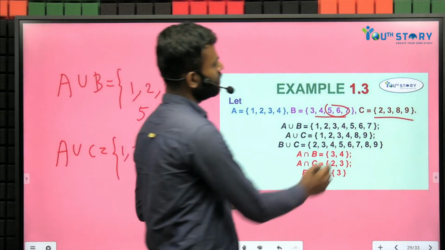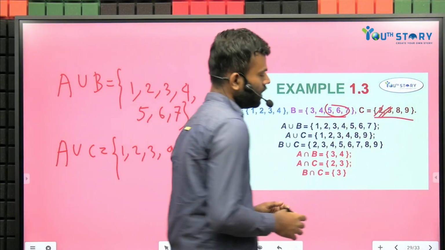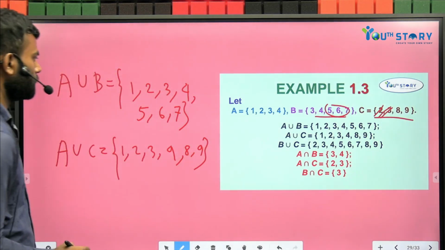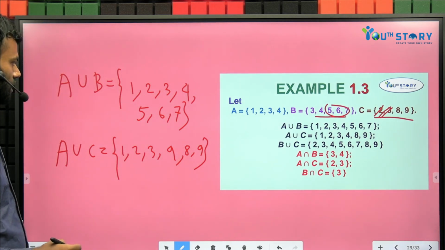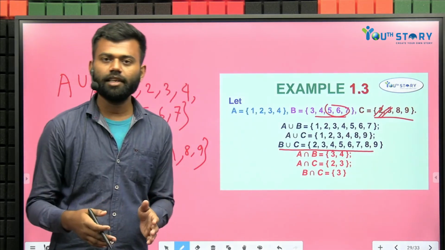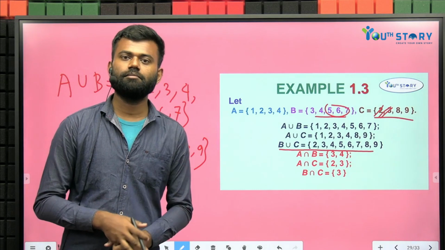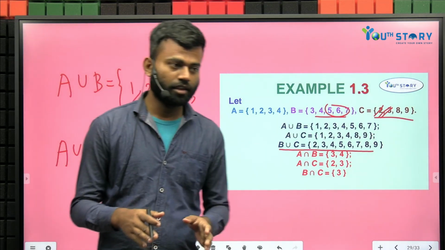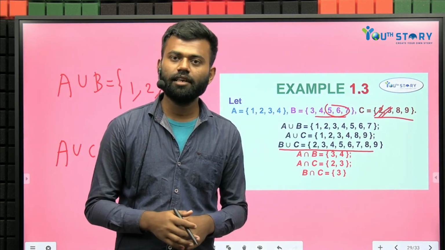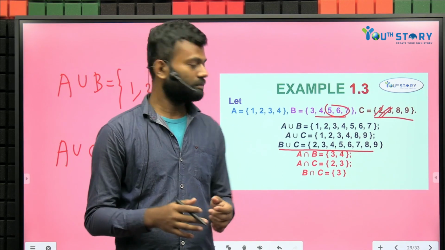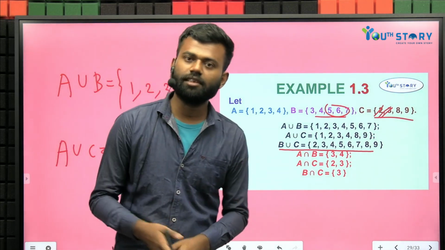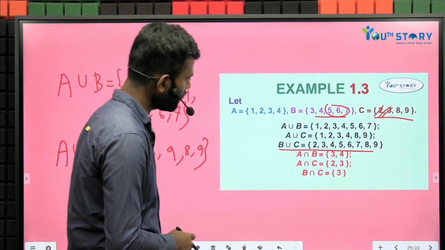So at this time we skip these two elements and write 8, 9. Now B union C, similarly: at first we collect all the members of B, and then we look at the elements of C, and we collect all those elements of C which are distinct, such that there is no repetition of members.